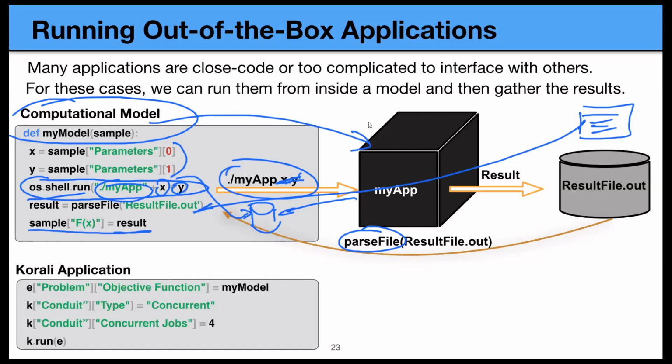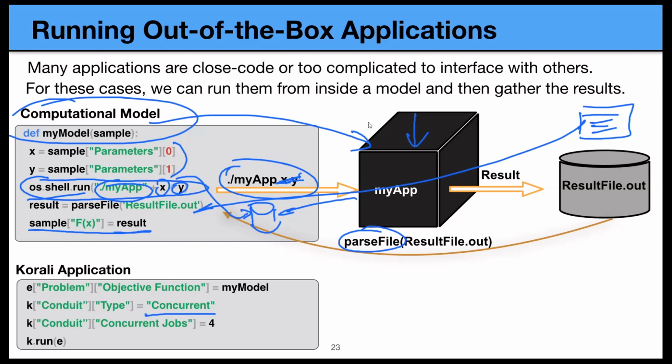And the only conduit that is capable of doing this is the concurrent one. There are technical reasons for this, but if you try to do this in the sequential conduit, you will override Korali. So when you run this application, it will replace Korali, basically. So you will run the application, but then forget that you were running Korali. So that's no good.